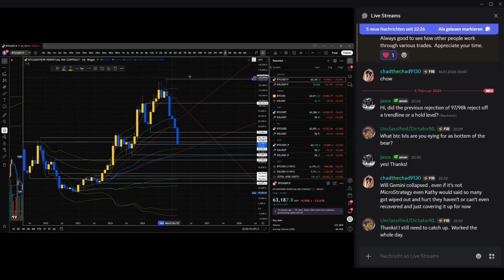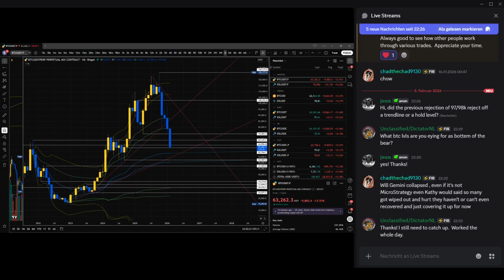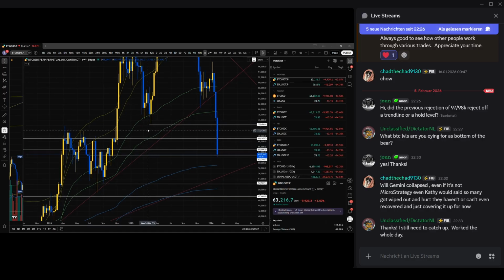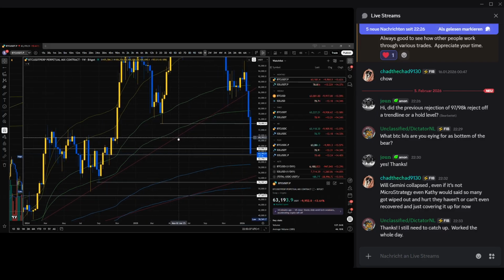So yeah, it's not super interesting to get anything out of it at the moment. But for getting maybe a fine-tuned level out of the monthly range here, we could go into the weekly, check our break levels there, check if we have any hold levels on the other time frames.